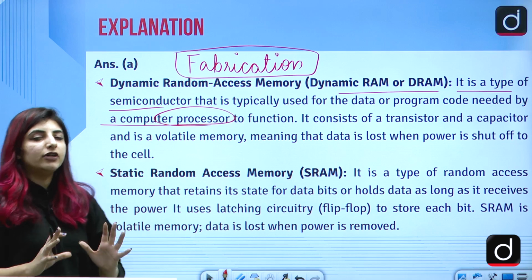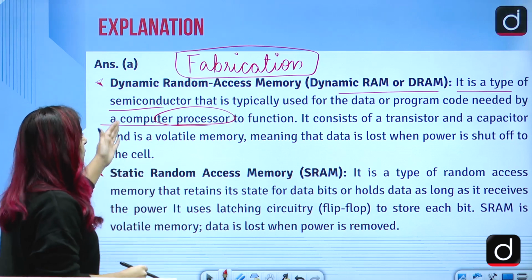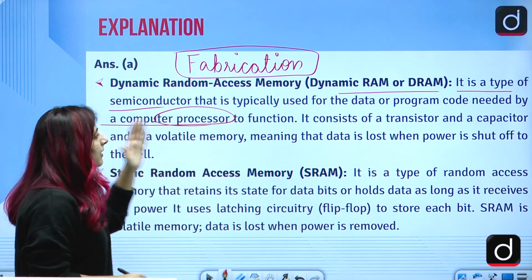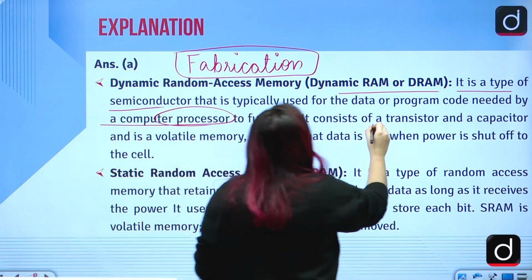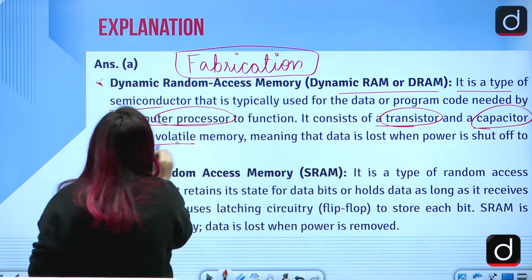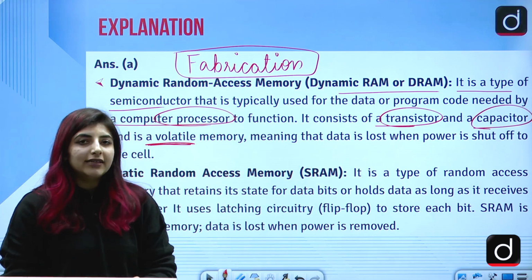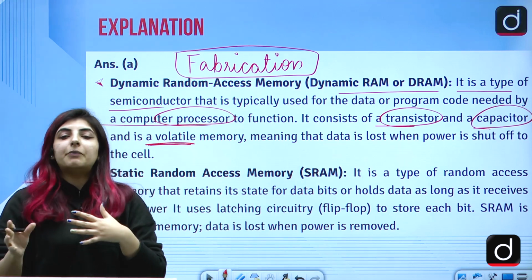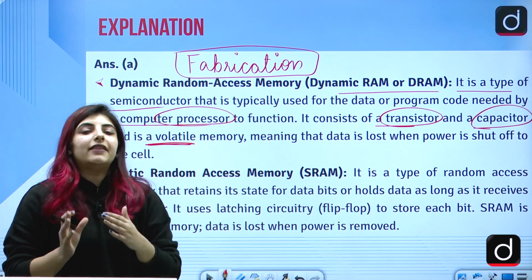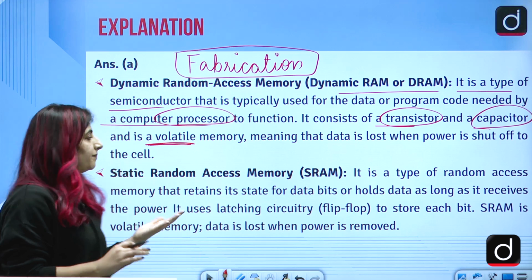Obviously it is a subset of RAM. Its full form is dynamic random access memory and it is made up of a transistor and a capacitor and is a volatile memory, which means that when you turn off the computer or the power is gone, the data which was not stored there will be deleted permanently, right?